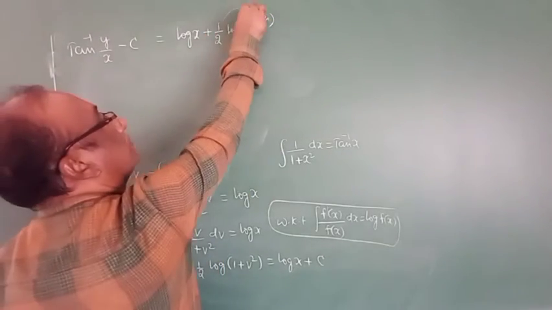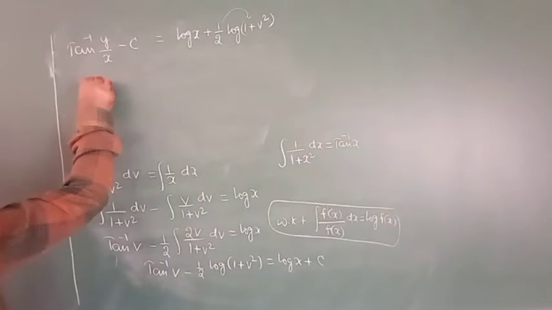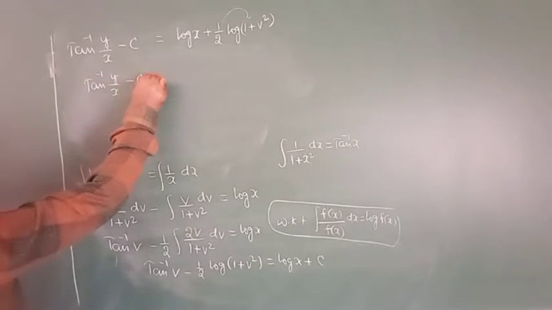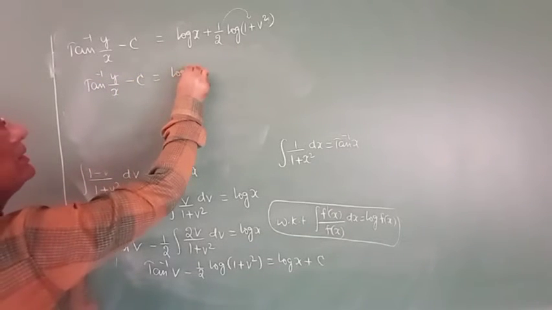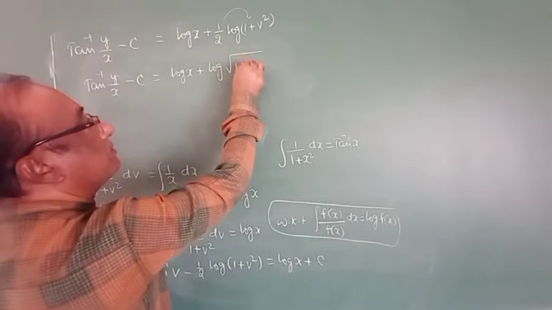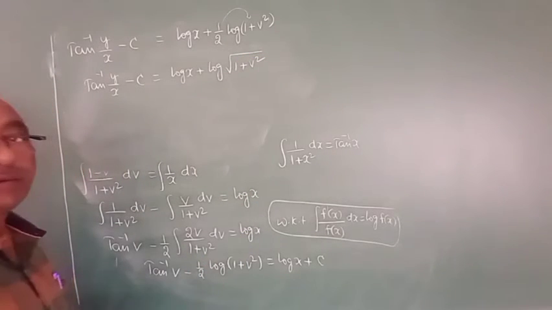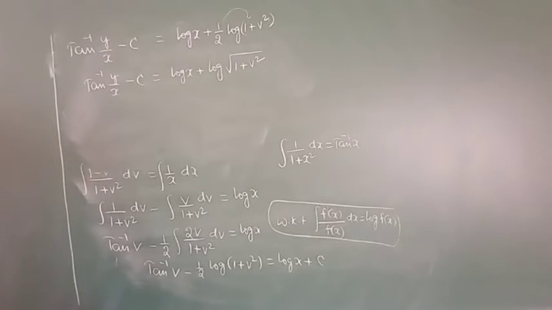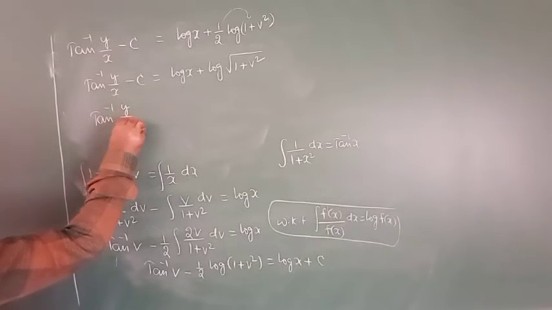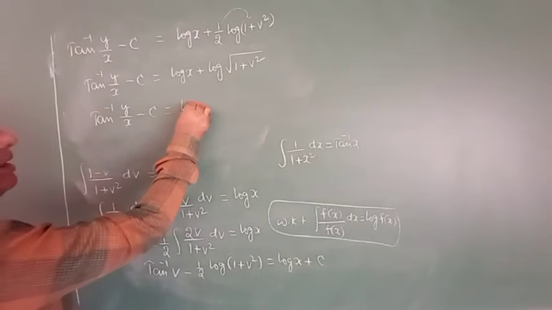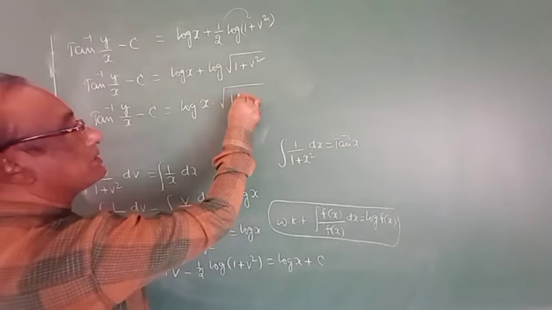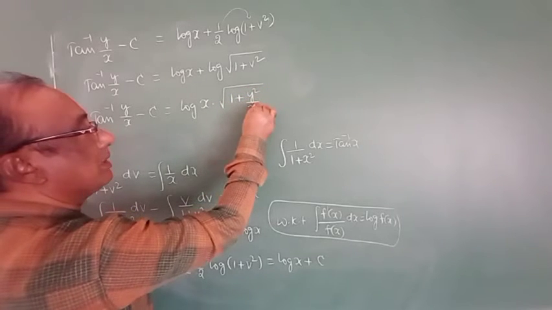Tan inverse of y by x minus c equals log x plus log of root of 1 plus v square, using the power rule. V means write down y by x. So tan inverse of y by x minus c equals log of x into root over 1 plus y square by x square.